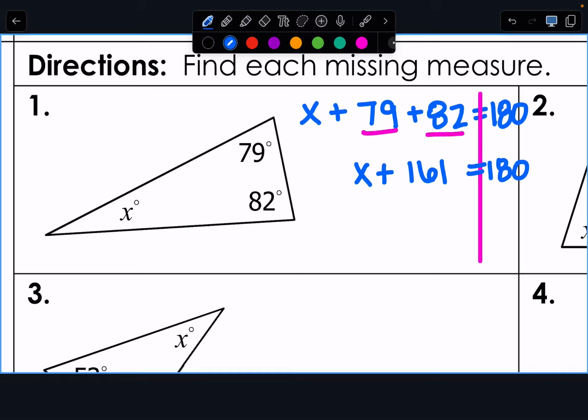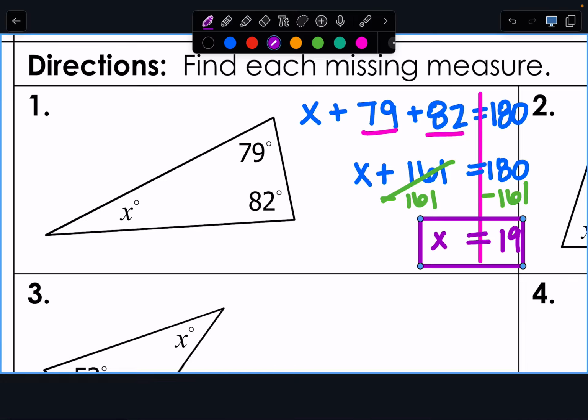Oh gosh. Now what? What do we do with the 161? Yes, since it's being added to x, we are going to undo it by subtracting it. So add and subtract undo each other, and we get x equals what? X equals 19. Beautiful.